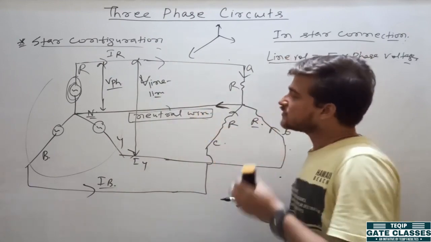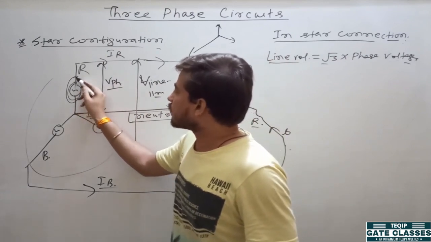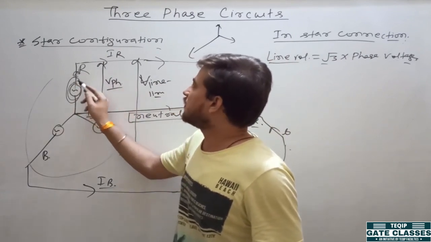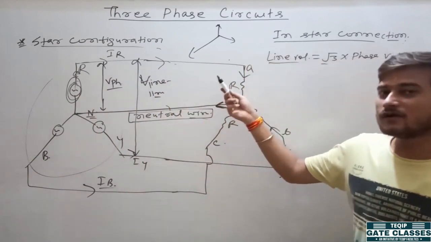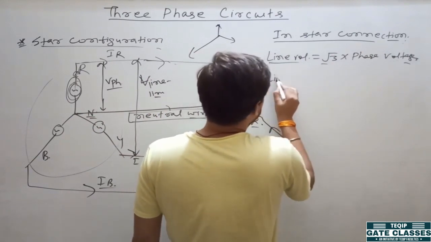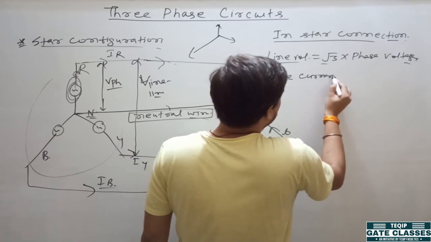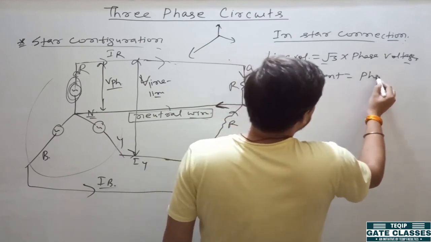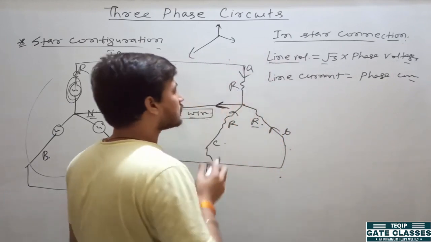You see the same current which is coming out from the winding of the generator is flowing through the line. So I am writing, line current is equal to phase current.